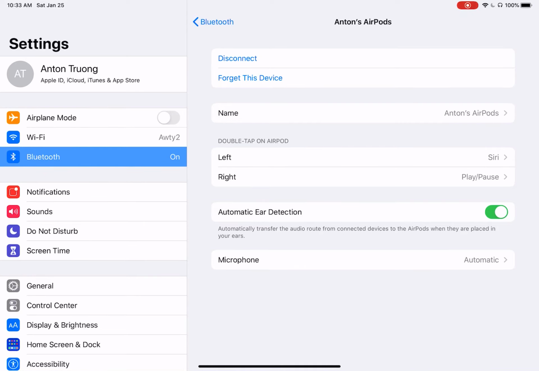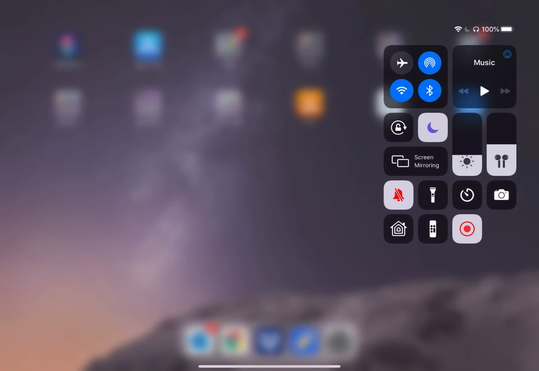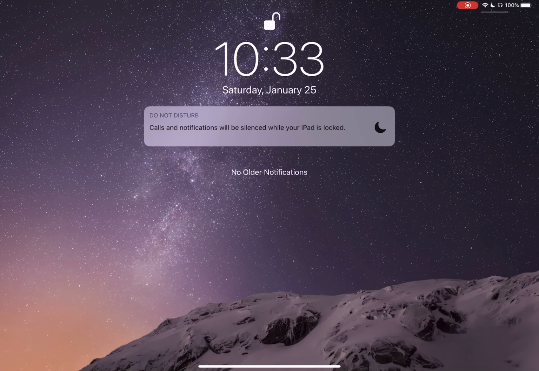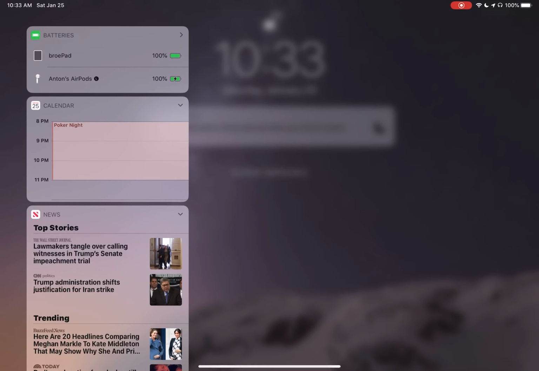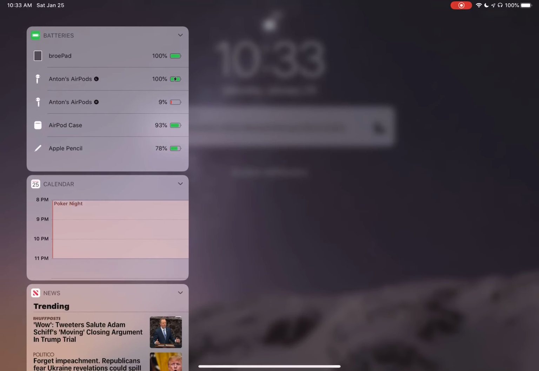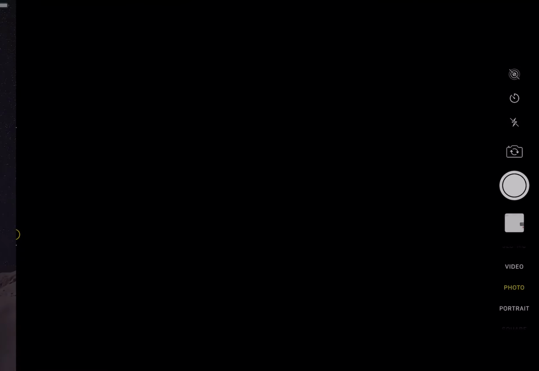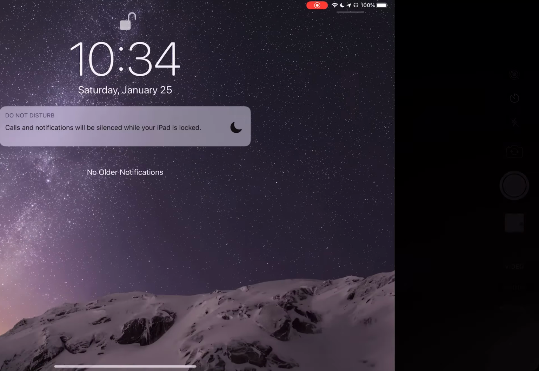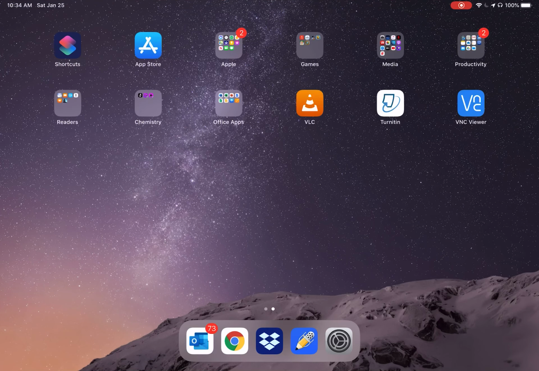Wait, where do I check the battery here? Well, it's not 100. That's my case. The left is 100. Oh, here it is. 9. Okay, it is low. I have time. I'll charge it again when we take a break. It's been really weird on the broadcast, but whatever.